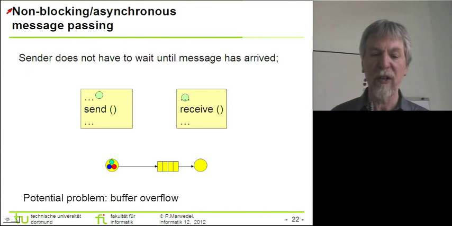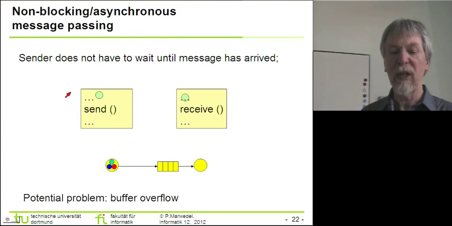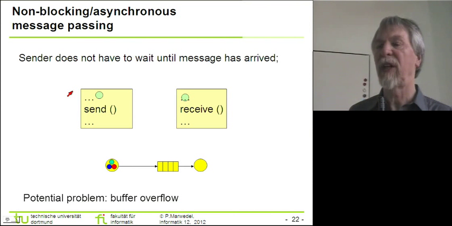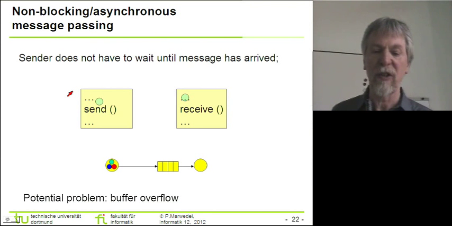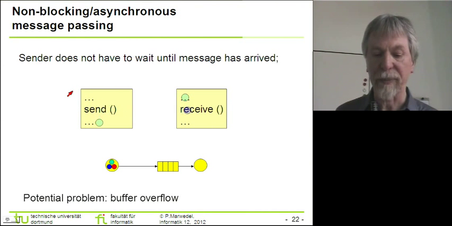In this situation, we might have a sender, and the sender wants to send some information. This information gets sent to the recipient, but even before the recipient is actually using that information, the sender can proceed immediately.